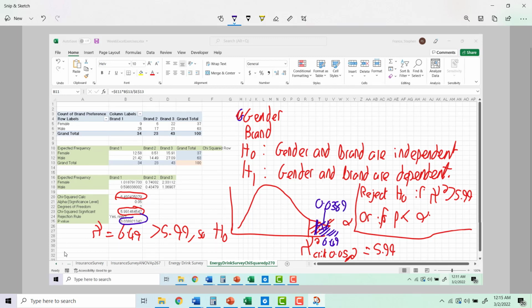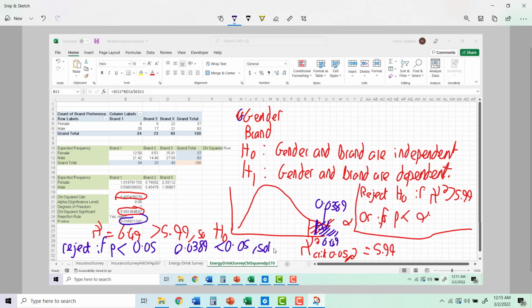So we're going to reject if the p-value is less than alpha 0.05. And in fact, my p-value, 0.0389, is less than 0.05.